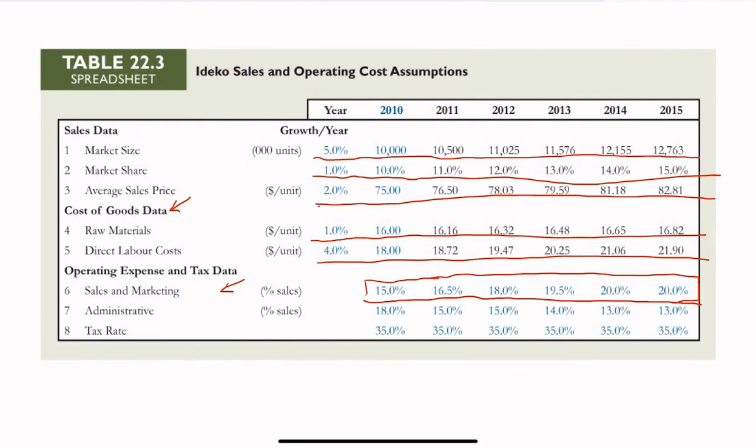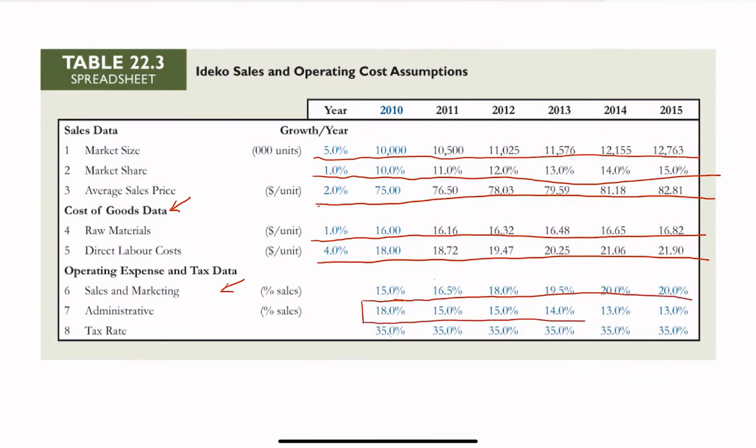And then you will cut some administrative costs. You can see that the share of admin cost declines from 18% in the first year to 13% in the last year. And you would assume that you will face a constant tax rate, which is always 35%.